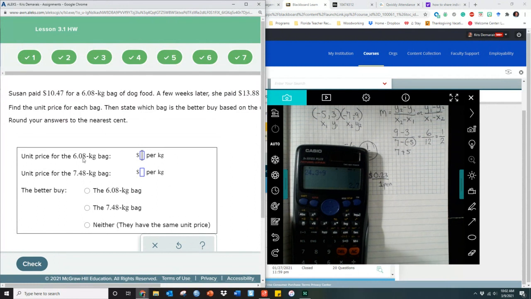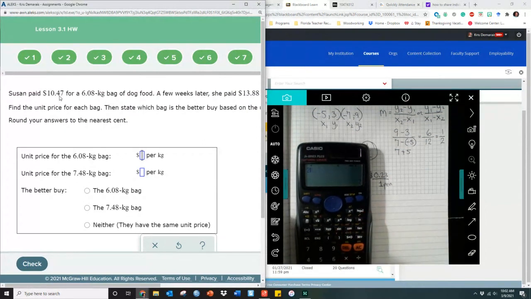Now it says unit price for 6.08 kilograms of a bag. Susie paid $10.47 for that. So how much per kilogram is just taking 10.47 and dividing it by 6.08.